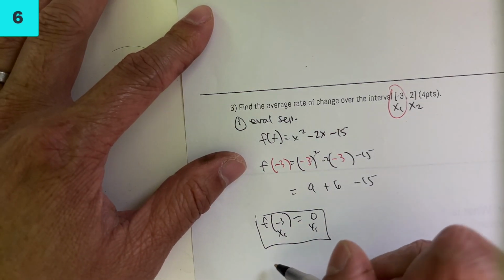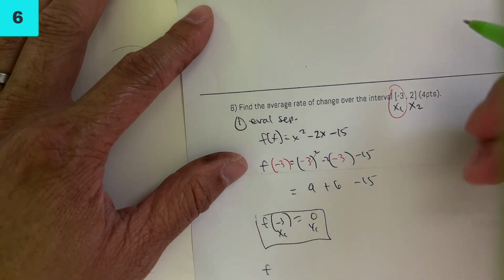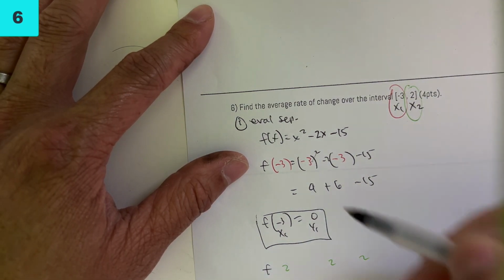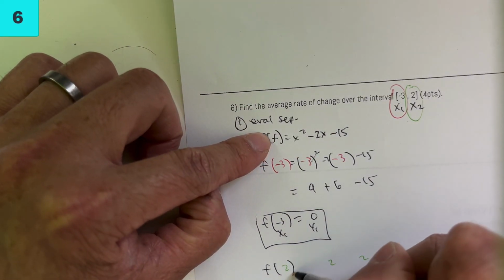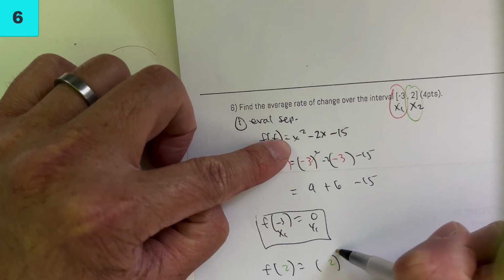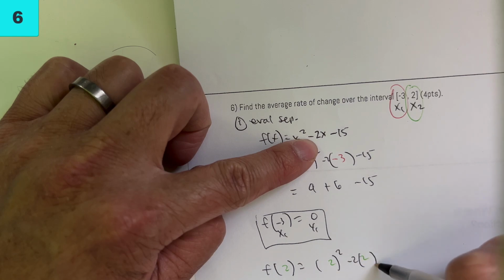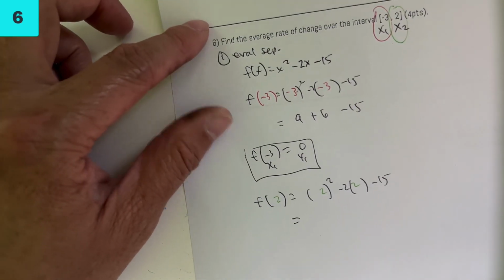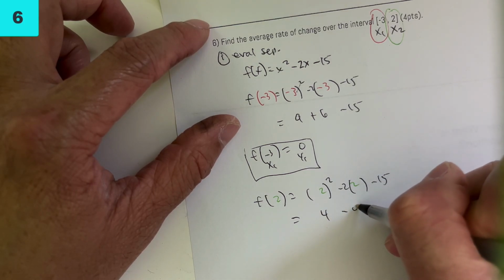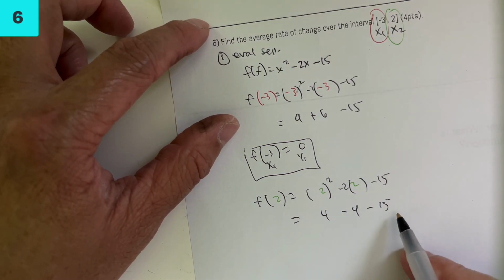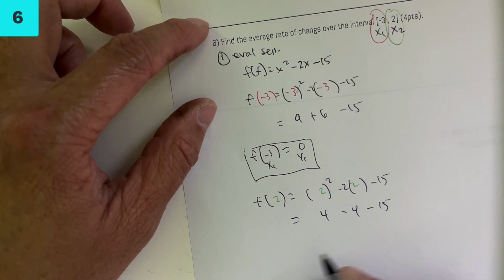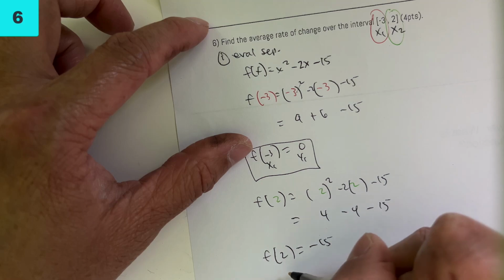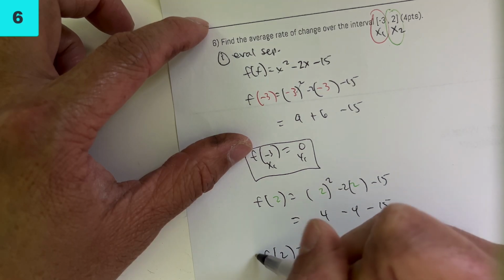Okay, so the second one is +2. So instead of putting in x, we're going to put in 2 in parentheses squared minus 2 times parentheses minus 15. 4 minus 4 minus 15, so that equals negative 15. So this would be x2, y2.